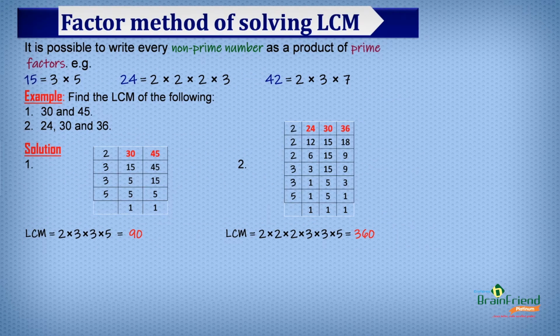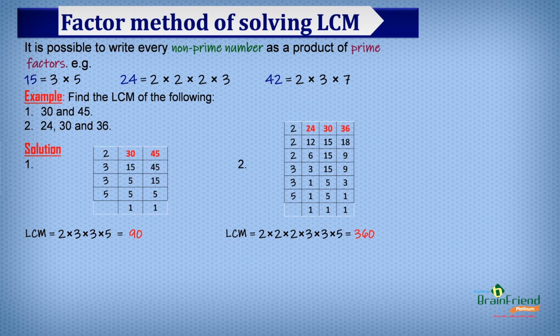Now, if you recall, from our lesson on LCM, we learned several methods of finding LCM. One of those methods is by factorization. Now, just to refresh your mind, let's see how we use the factor method to find LCM.